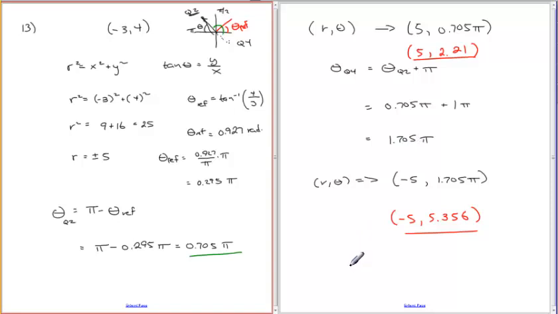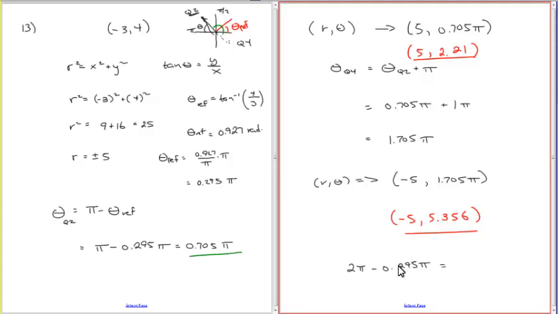It doesn't look like it, does it? If you took 2 pi and you subtracted the reference angle, which was 0.295 pi, so if we just use the reference angle, you have 2 minus 0.295, 1.705. Oh, so it is, okay. So yeah, we still get the same thing.